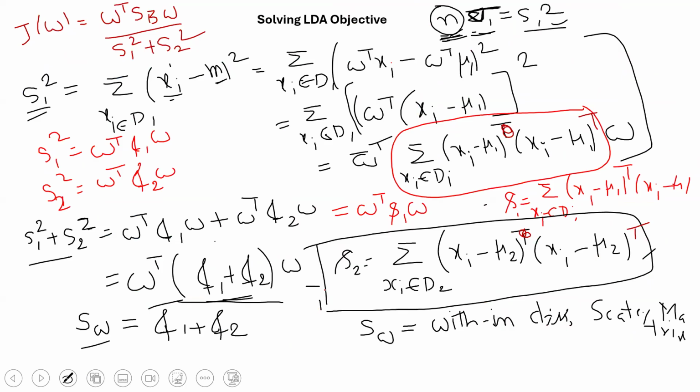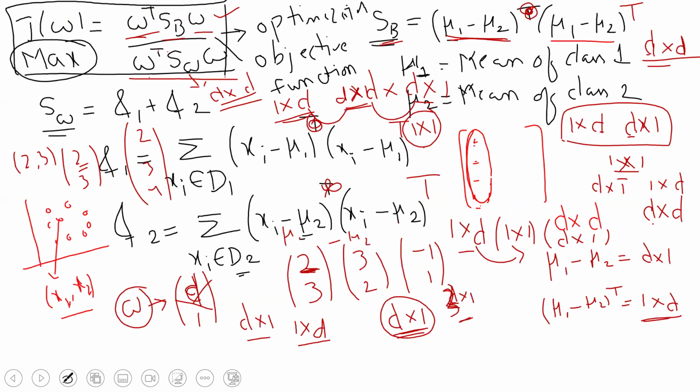The same applies for SW as well. W transpose is 1 by d, so this has to be d by d, and the transpose has to go to the second term. Now you find out that W transpose SB into W is a scalar value, because SB dimension is d by d, W transpose is 1 by d, and W is d by 1.